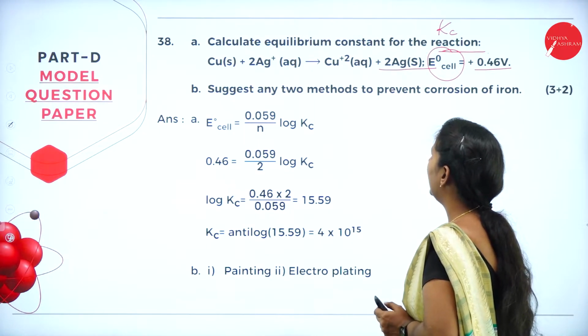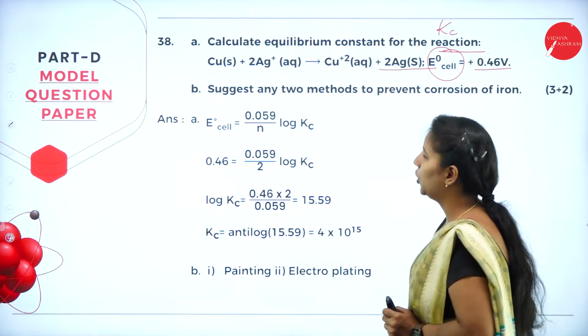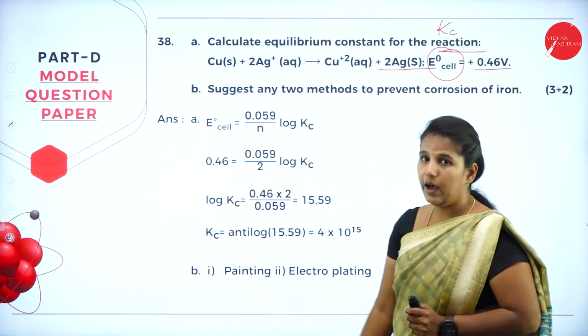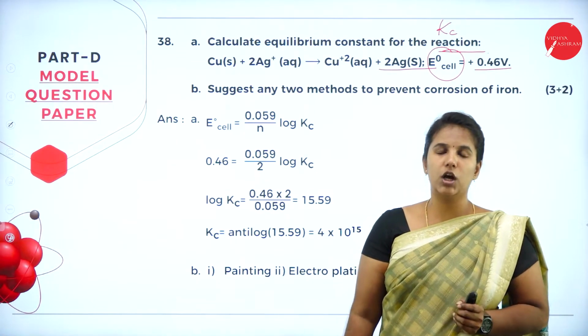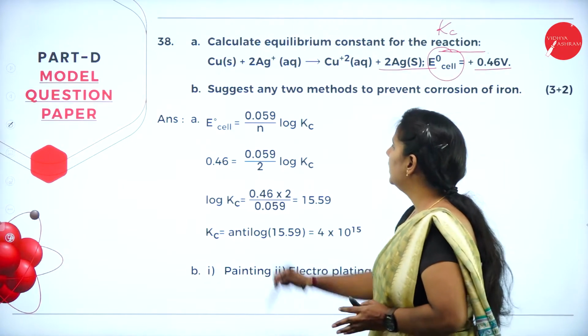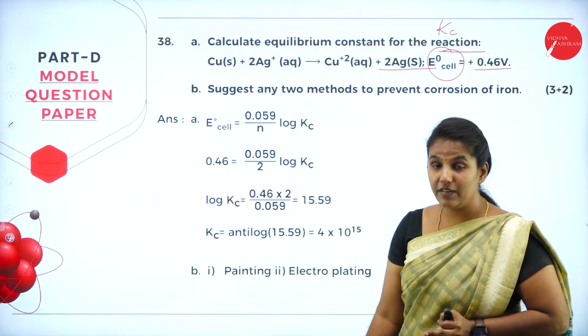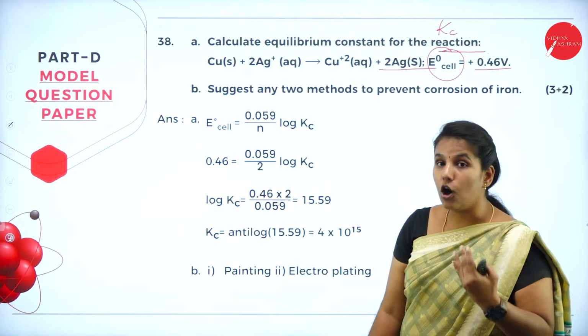We need to calculate the equilibrium constant of the cell. We have a relationship between E0 and Kc, that is E0 of the cell is equal to 0.059 divided by n into log Kc.